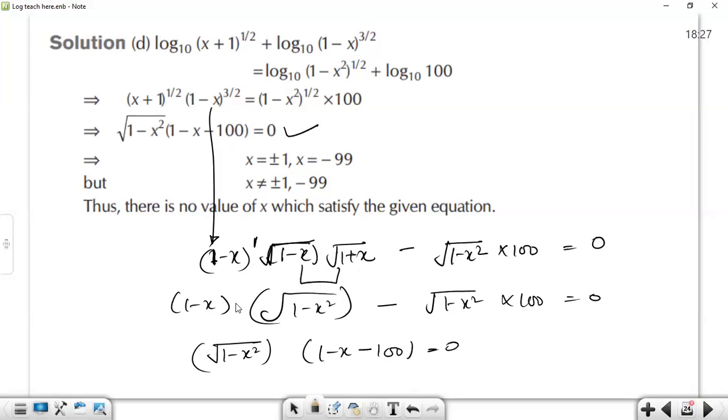Okay, that's how they have written it without describing the step. So we will go on to find out the value of x. From here, we'll find out the value of x as minus 99. From here, we will come to know the value of x is equals to plus minus 1, which neither value can be possible in this case, because if we take these values, the logarithm function will not be defined.